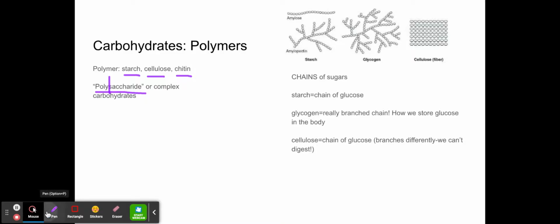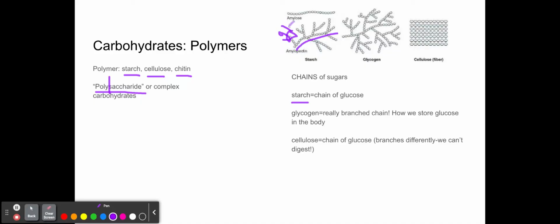In the regular world, not the science world, we call these complex carbohydrates. They're usually found in different shapes. Let's start with starch. An example of starch would be potatoes or pasta. All of these little tiny circles creating this branch structure are glucose.